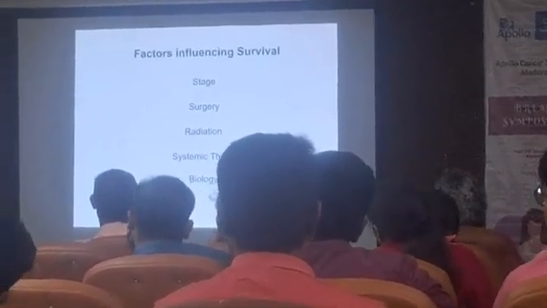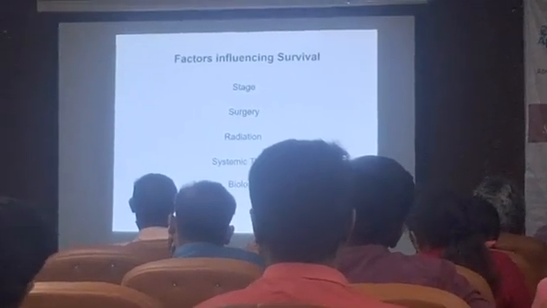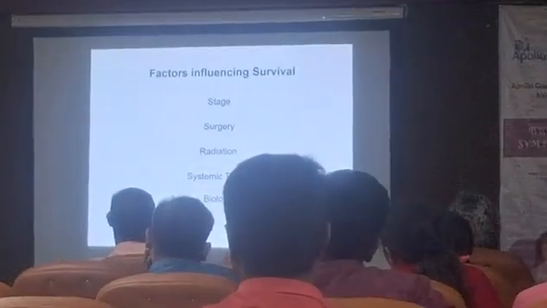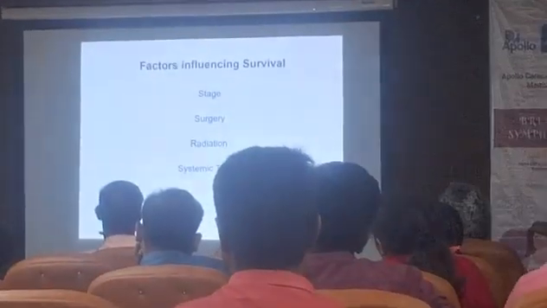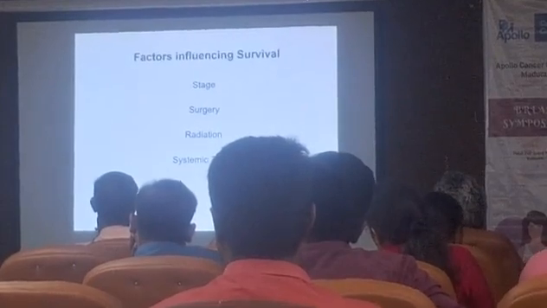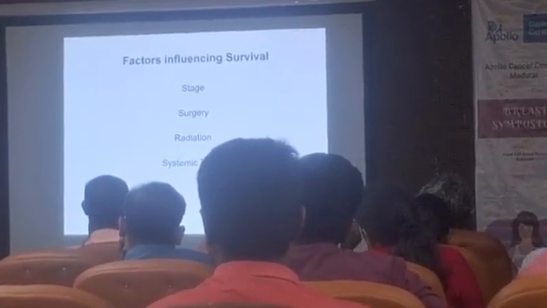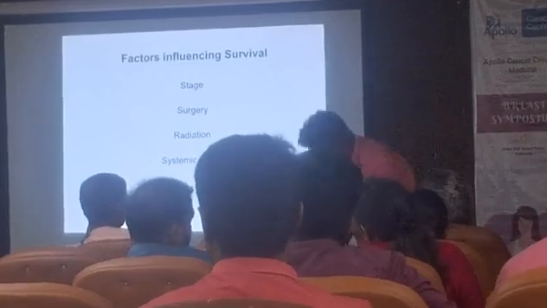But because most of the biological factors are being acted upon by drugs, I have made it into a single basket. So we will take out biology and keep only systemic therapy. Now we have 4 factors, that is stage, surgery, radiation and systemic therapy influencing survival.